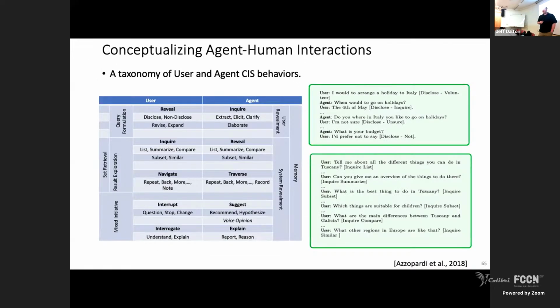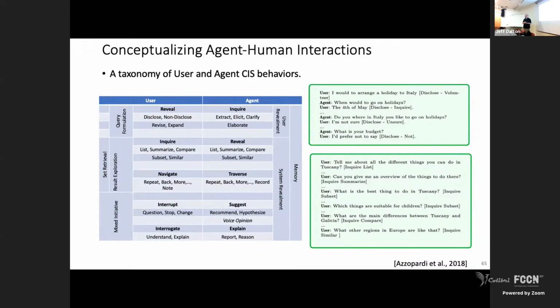So this is a taxonomy conceptualizing agent-human interactions from Azzah Hardin. It has a very long history of looking at and modeling users and modeling human-agent interactions. And if you look at this matrix, there's reveal, inquire, navigate, interrupt, interrogate, suggest, traverse, with lots and lots of complex structure. It really represents the full width of all the different types of conversations, of how a human and a system could interact.